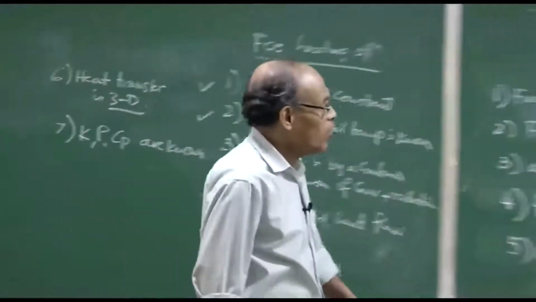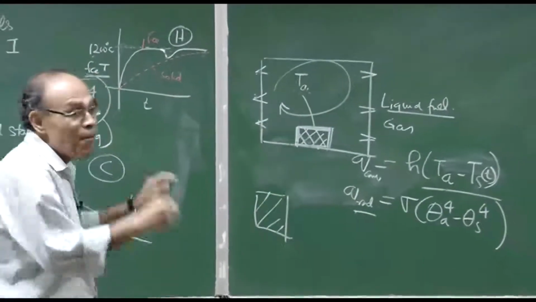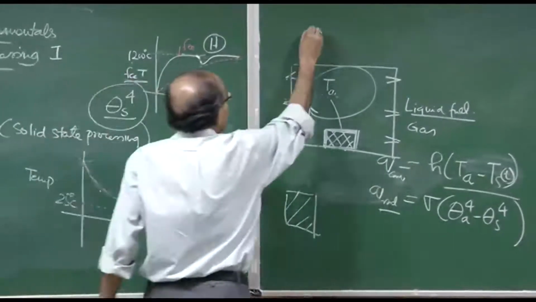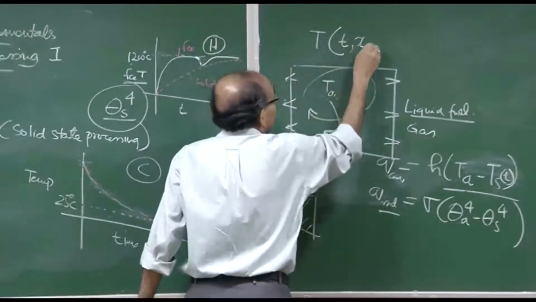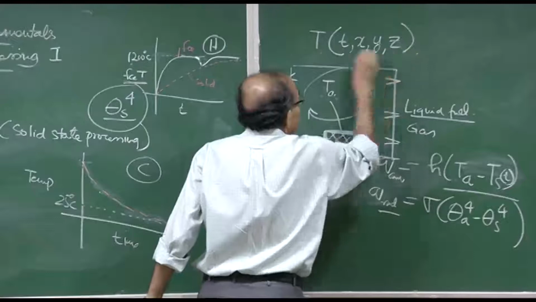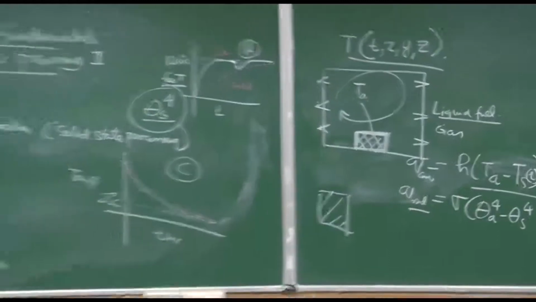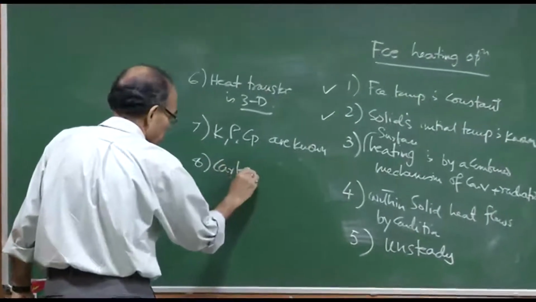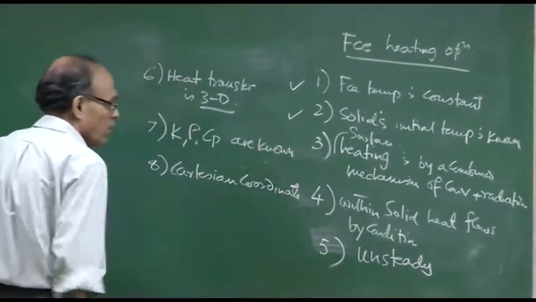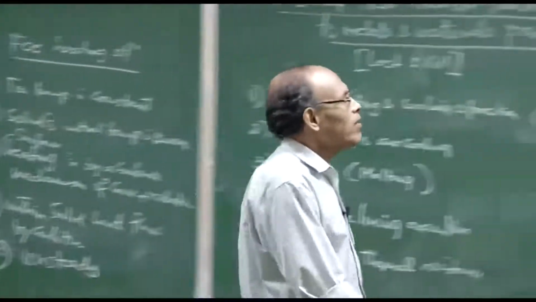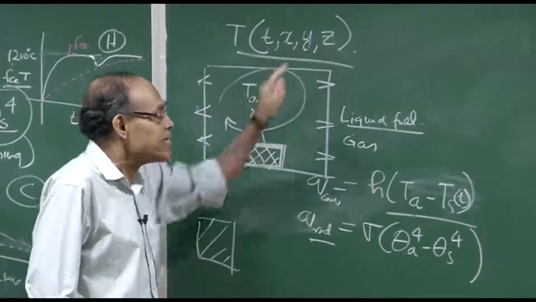So, when you put a solid object within the furnace, the temperature within the solid will change. If T represents the temperature of the solid, and you are using a Cartesian coordinate system to represent the solid object, the temperature is going to be a function of time, x coordinate, y coordinate and z coordinate.